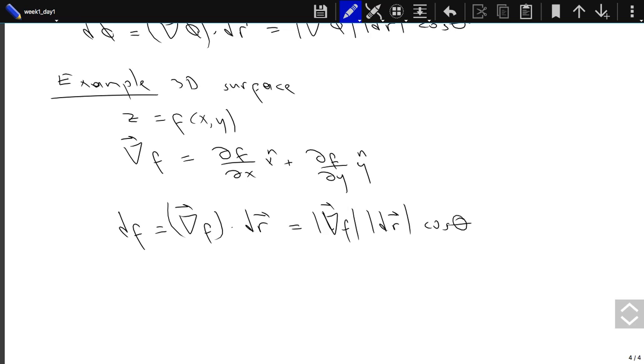So if I choose dr to be pointing in that direction, then I know that the gradient of f is also pointing somewhere in that direction. Because I already know I'm going uphill, df is positive, and cosine theta is positive, so theta is between 0 and 90 degrees. If this is my direction of dr, then the gradient of f should be somewhere there.